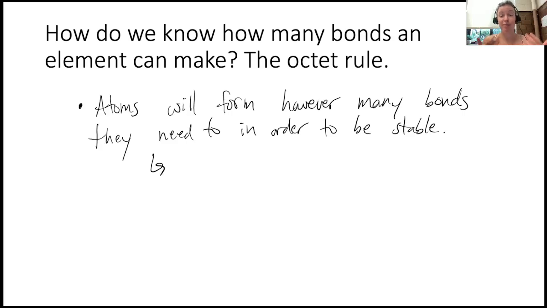And so stability really means that these atoms have a full octet or a full 8 electrons. And we're not really gonna get into why 8 too much.